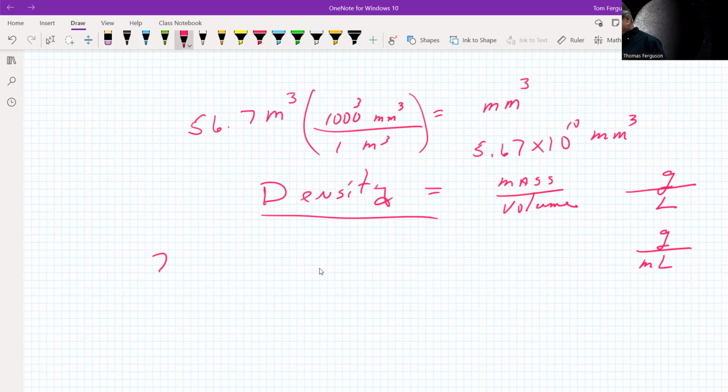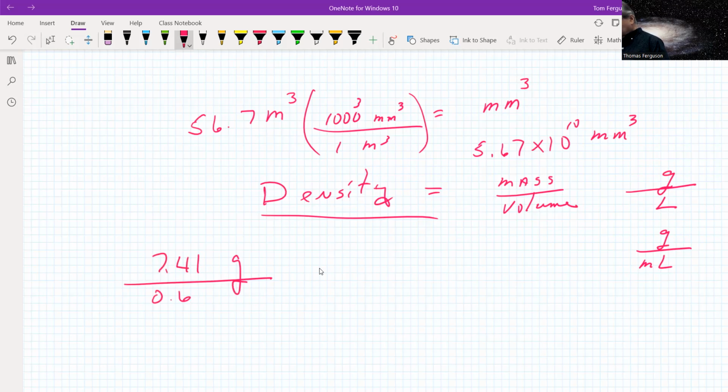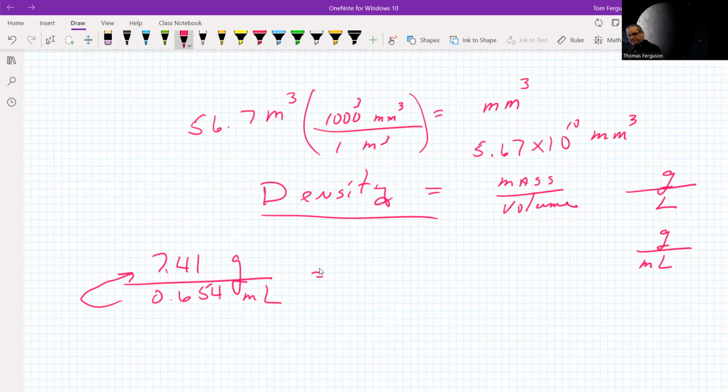Okay. So you have 7. Now, if you're given volume and you're given mass, you automatically just divide volume into the gram. Very straightforward. And you're always going to be using the correct number of sig figs, like always.